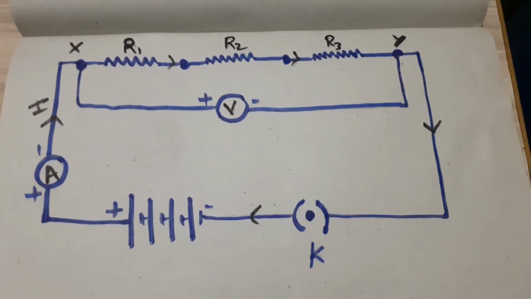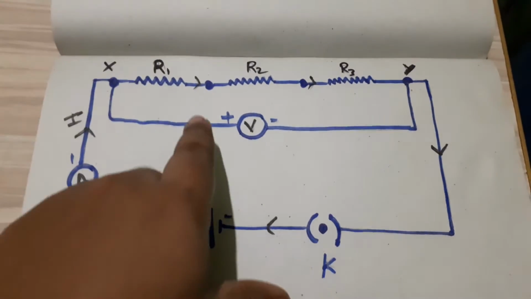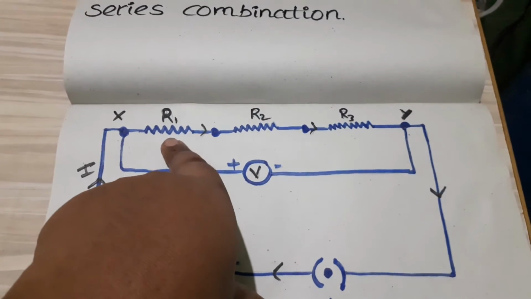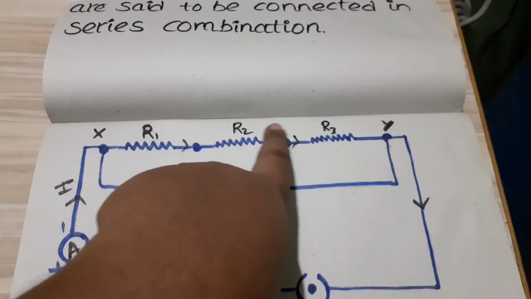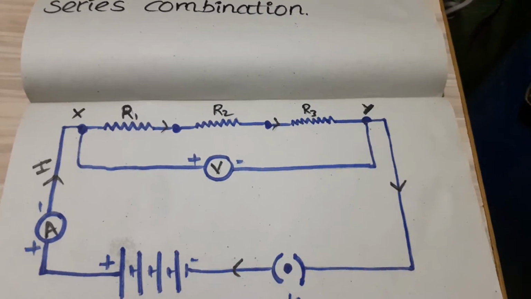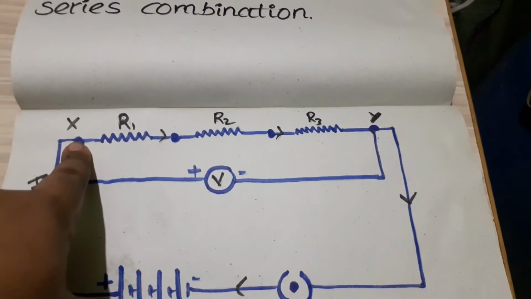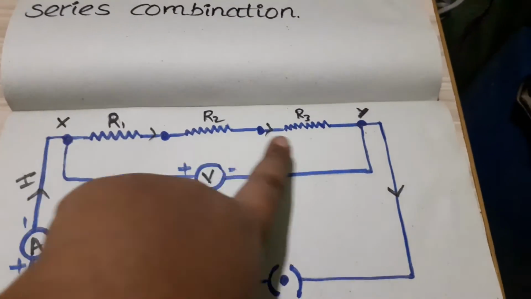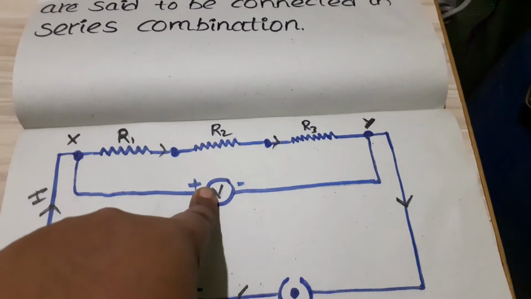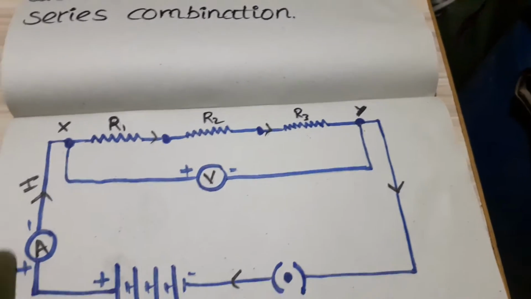This is the circuit diagram. R1, R2, R3 are three resistors with resistance values R1, R2, R3, which are connected end to end. These are the ends of this combination, X and Y. The ends of this combination are connected in parallel to the voltmeter.